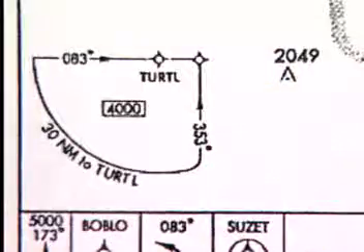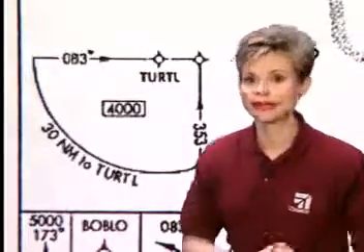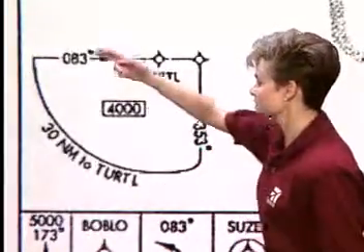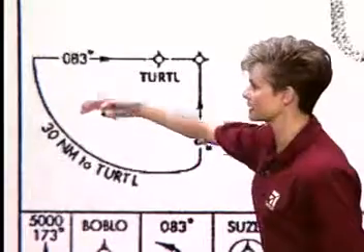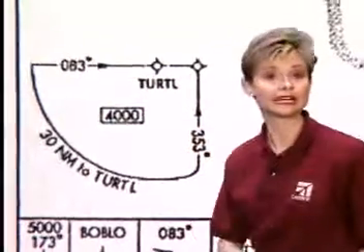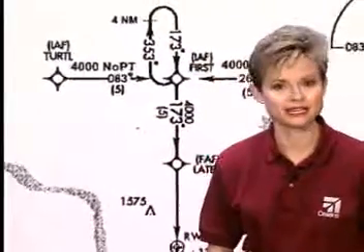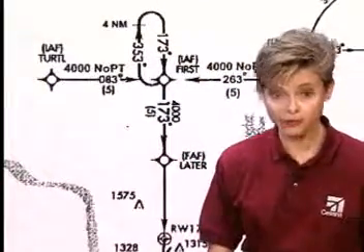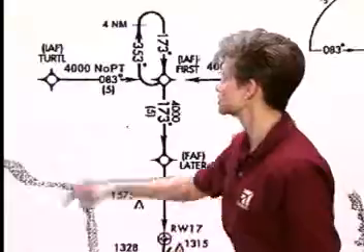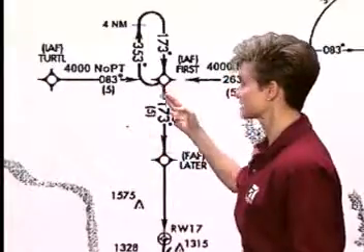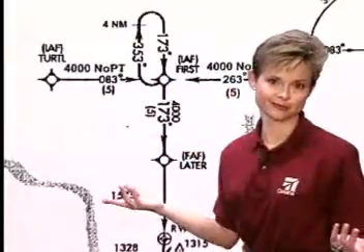In that case, as soon as you cross the right base area boundary, which in this case is the 30 nautical mile arc from Turtle, or when ATC releases you within the area, you'll use the right base no procedure turn setup for the approach by flying to Turtle, first, and later. Is that simple or what?